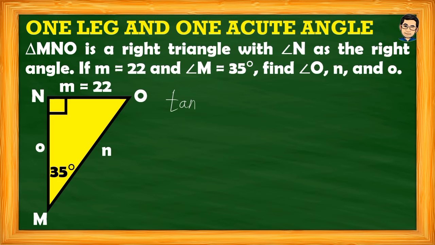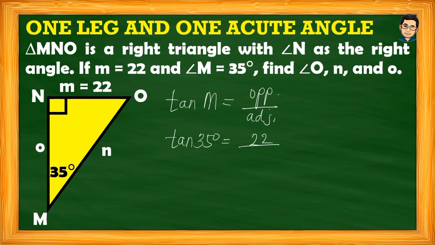Kasi ang tangent is opposite over adjacent. So, tangent M is equal to opposite over adjacent. Okay, so dito, lagay natin tangent 35 degrees is equal to opposite side. The measure of the opposite side is 22 over adjacent.